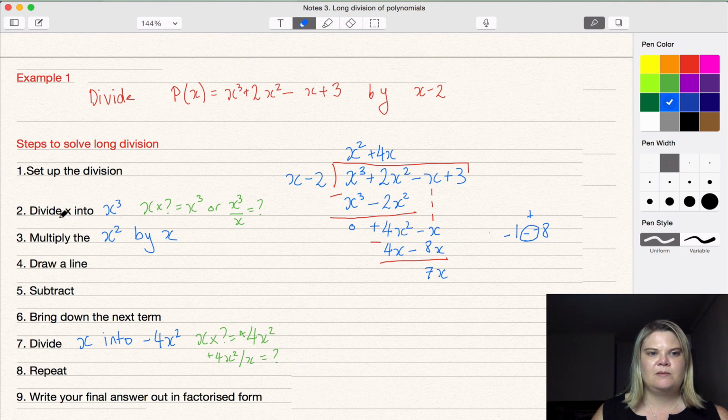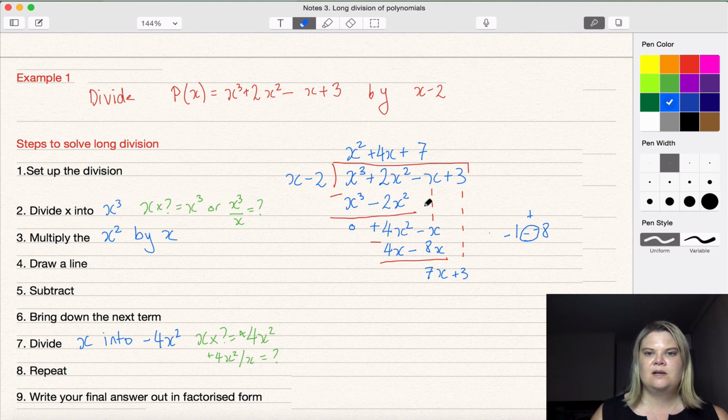And we go back to the top again. 7x, how many x's? Plus 7. 7 times x. Oh, I've forgotten a step actually. Need to bring this one down. That's why it looks a bit funny.